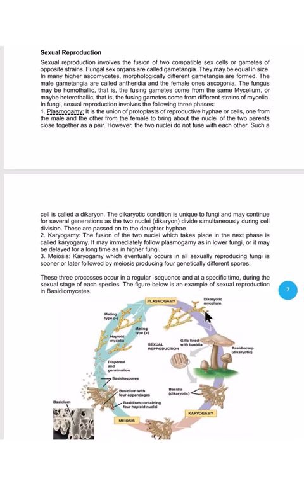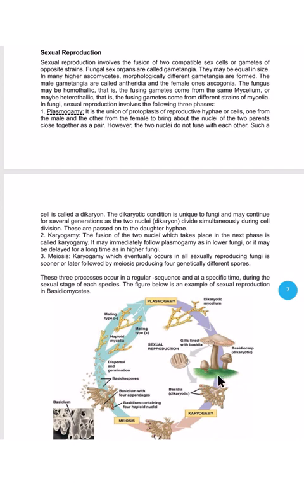You can see here the hyphae are dikaryotic. That means there is a fusion between the plasma, but the nuclei remain separate. That's why you can see in a separate cell there are two nuclei.